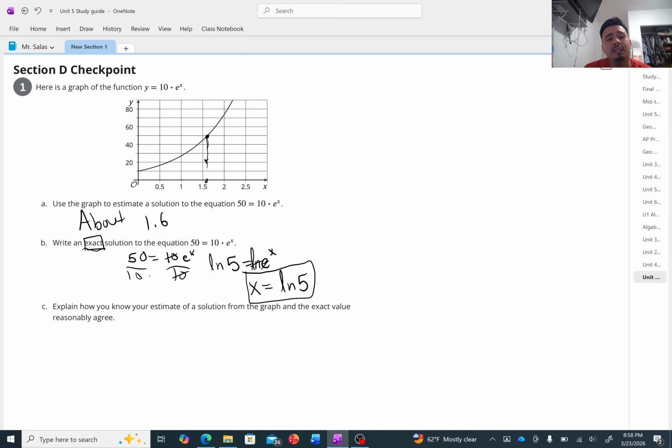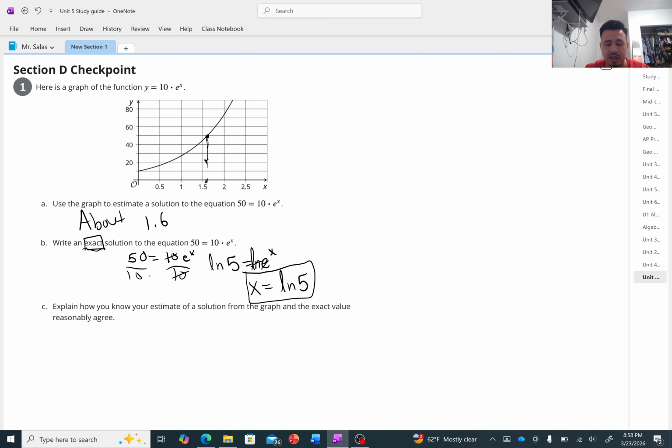So now for C, it says explain how you know your estimate of a solution from the graph and the exact value reasonably agree. So how do I know that that is true? Well, this is where you actually find the value of the natural log.